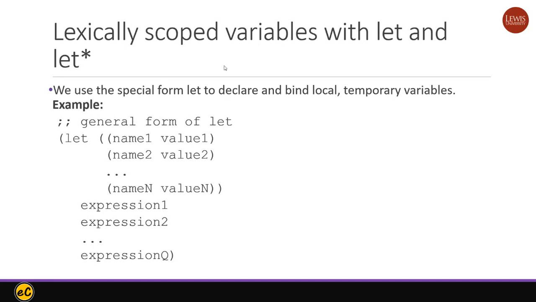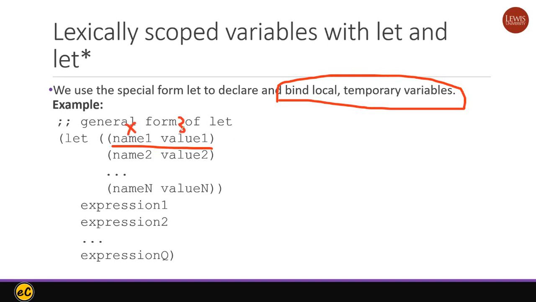And let and define are different. Let is actually used for binding local variables. So on this portion, x equals 3, y equals 4, but this x equals 3, y equals 4 is only valid in that domain.